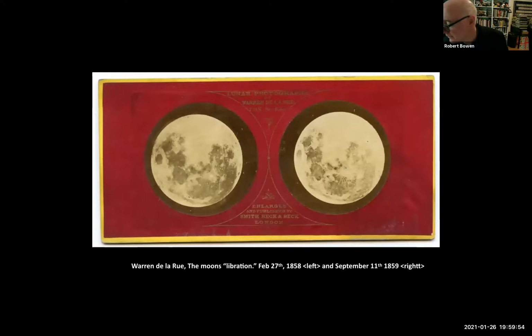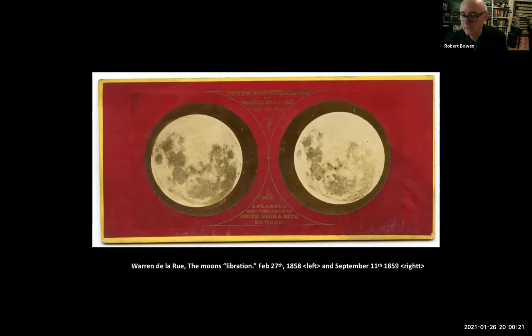Here is another form of motion in early stereo. Warren de la Rue is actually the first person to take photographs of the moon. And after doing that, he made a lot of stereo pictures. But the moon does not rotate like the Earth rotates.